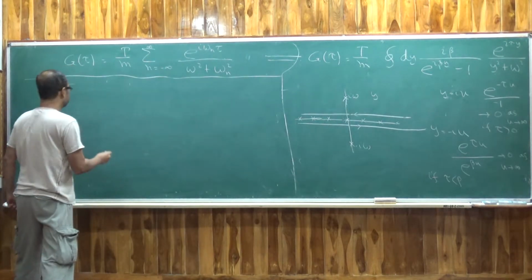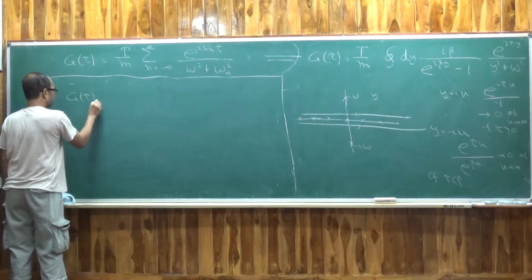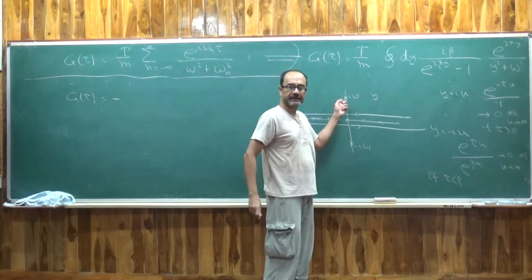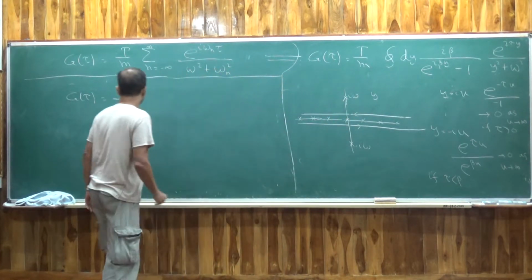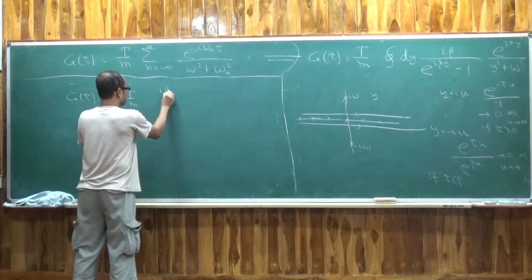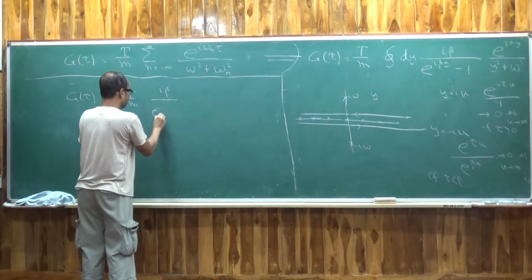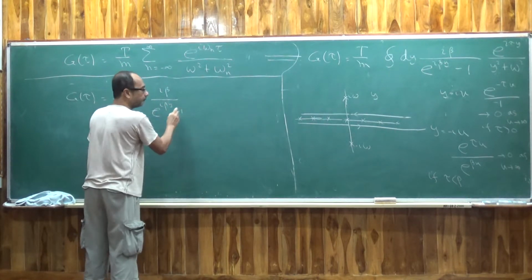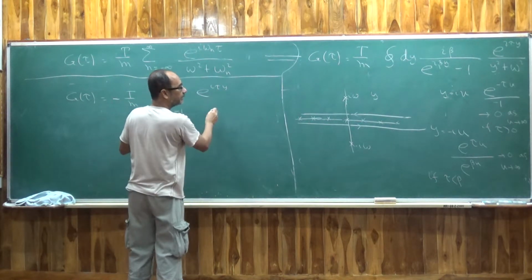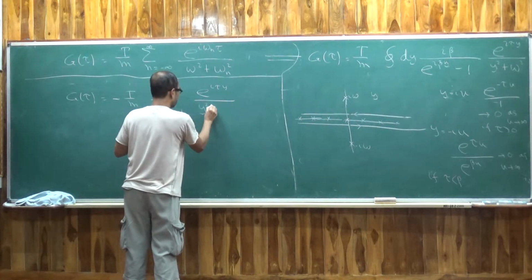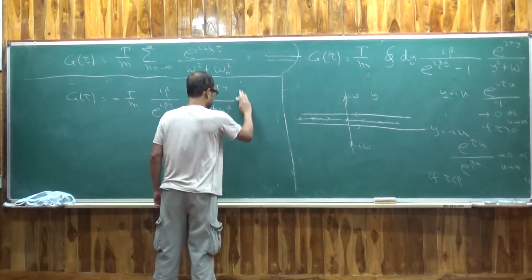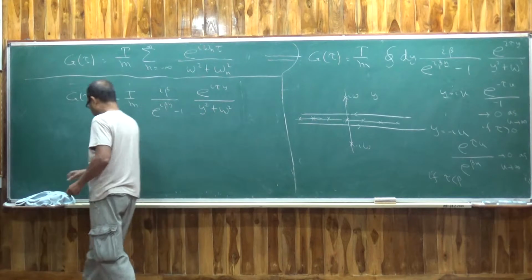So this basically gives G of tau. There is a minus sign, because now when you deform it, it's going to enclose these in the clockwise direction. So minus sign, T over M, and then I beta over e to the power I beta y minus 1, e to the power I tau y over y square plus omega square, not y square, it's omega square.